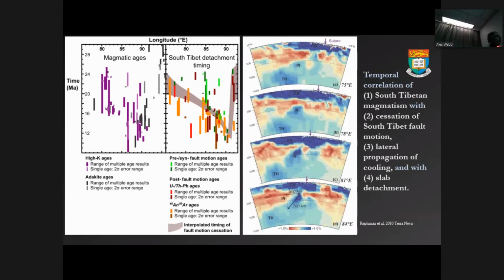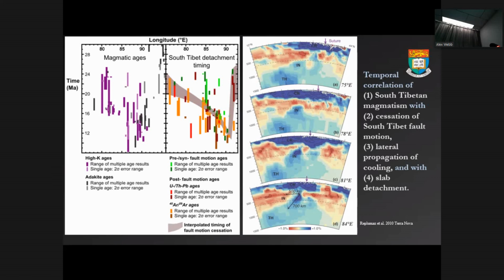This is where we started to think about things differently. So the work of Anne Replumaz in Grenoble, she looked at tomography below the Himalayan system. So these are slices down halfway down the mantle of seismic tomographic imaging, so fast and slow seismic wave speeds that may image slabs, chunks of lithosphere that have fallen off from the collisional system.